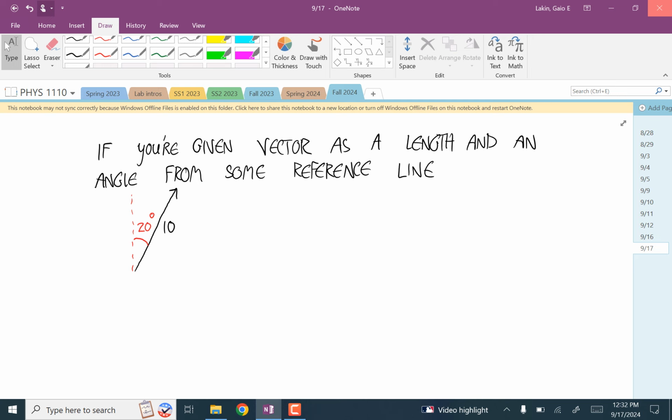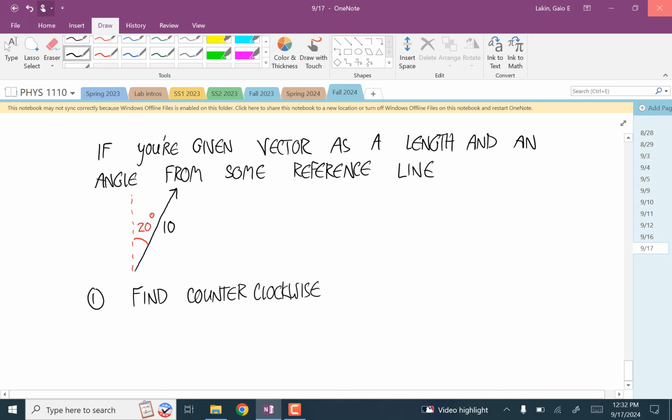Then in order to come up with the components for this, first find the counterclockwise angle from the positive x-axis to the vector, and we're going to call that angle theta.